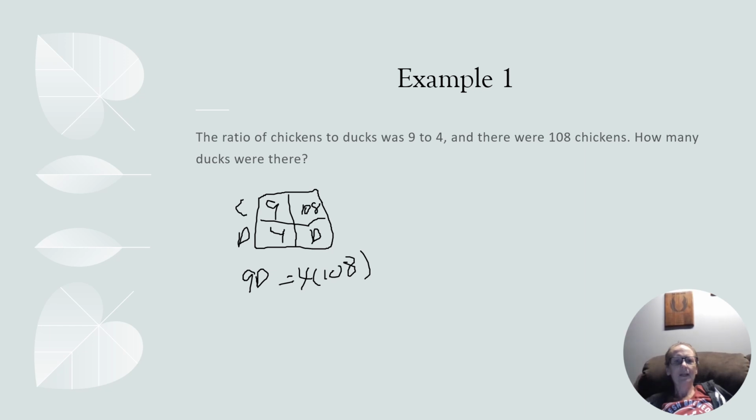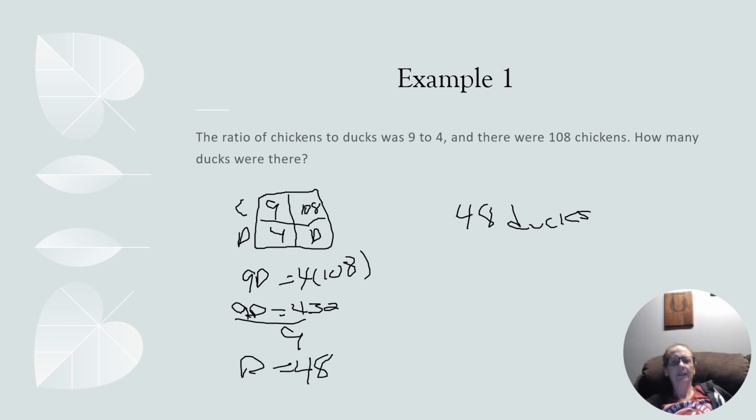So 9D equals 432. Divide both sides by 9. That's 48. So there are 48 ducks. I guess I should have written D equals 48 over here. Not that it really matters, but there we go. That finishes the problem. So 48 ducks is what we have.